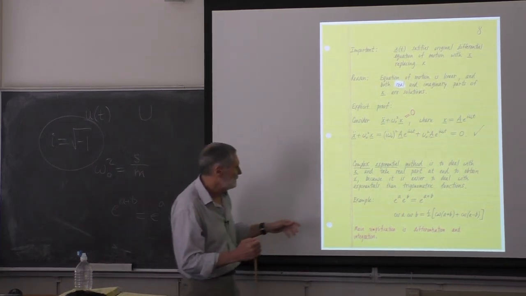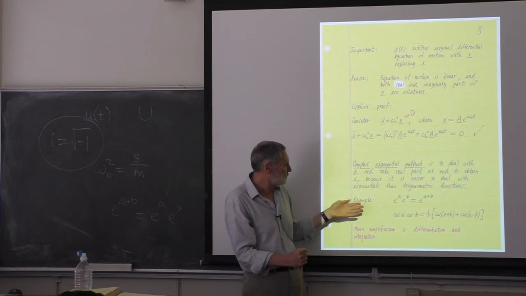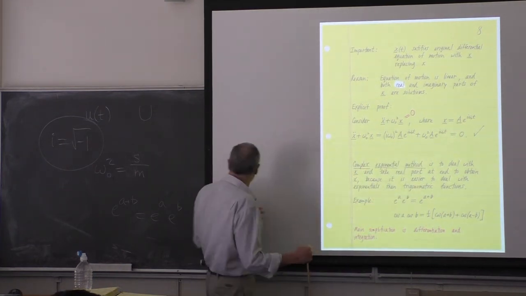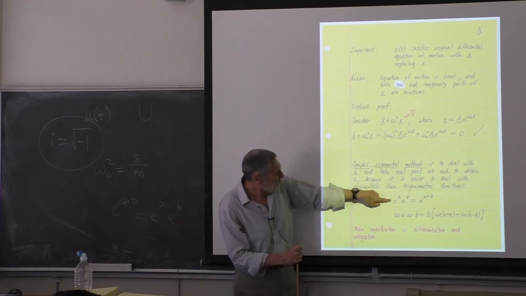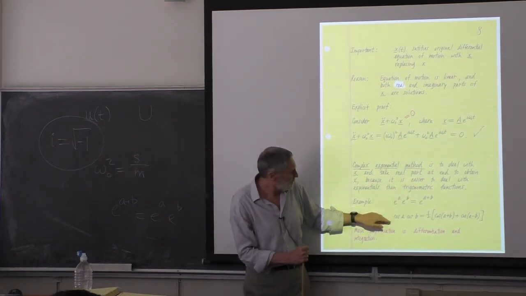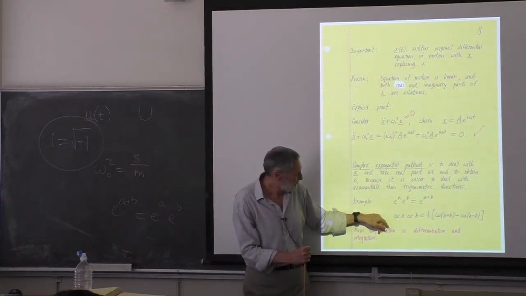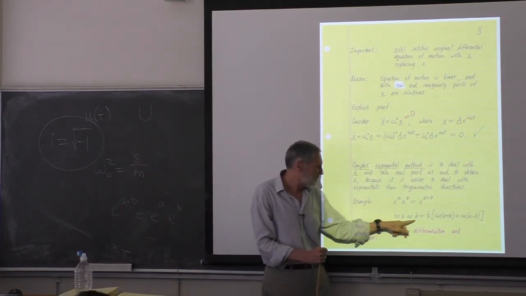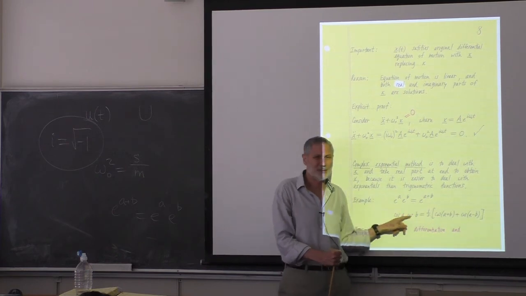And here's just some of the advantages of exponential rather than trigonometric functions. See how I already wrote this down. This is very simple. Here's the product of cosines. Here's a trigonometric identity. Some of you remember this.